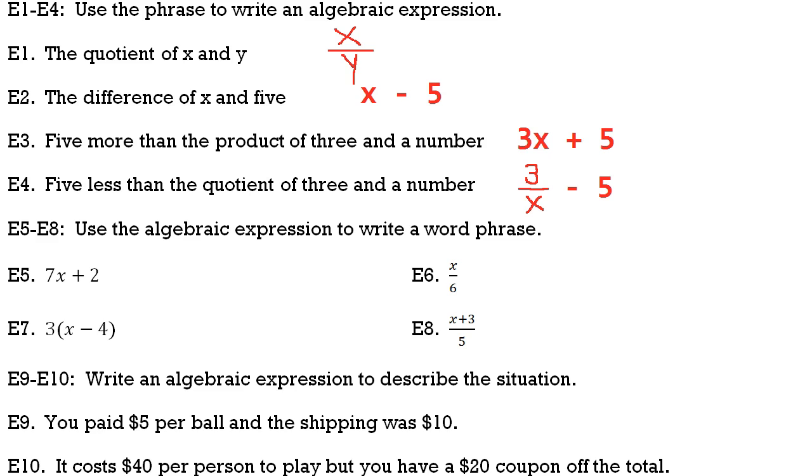Alright, let's try to write a word phrase using the expression here. So this looks very similar to what we did on example number 3. So I'm going to steal the language from example number 3 and try to do the best I can to copy it over. So I'm going to say this is going to be 2 more than the product of 7.